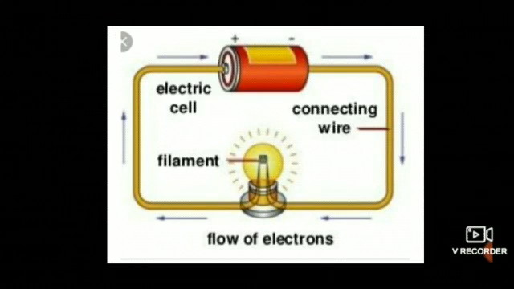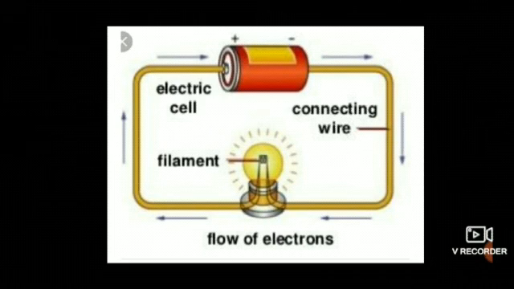Basic conditions required for an electric current to flow are as follows. A device to produce an electric current, like a cell, battery or a plug point, acting as a source. Second, a conducting wire made of metal, a good conductor of electricity, such as copper or aluminium, which allows electric current to flow through it easily.